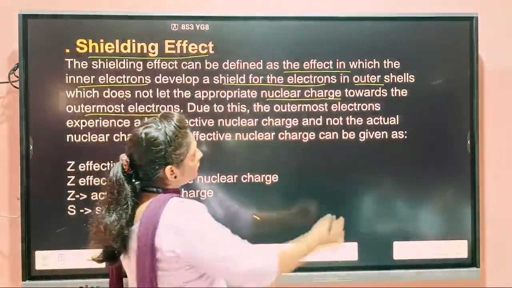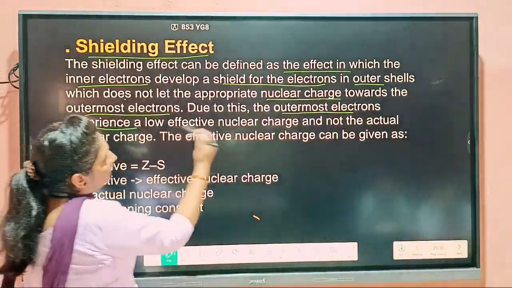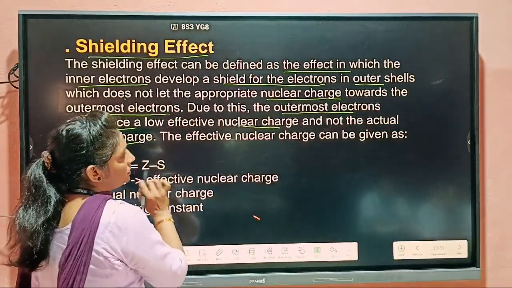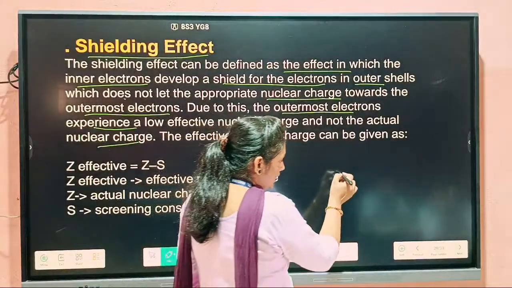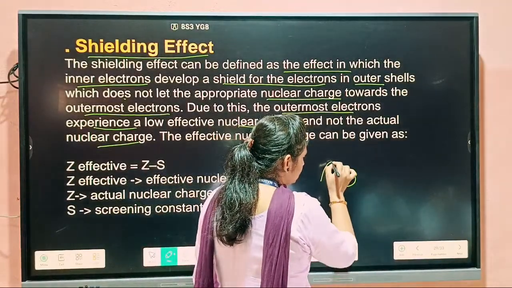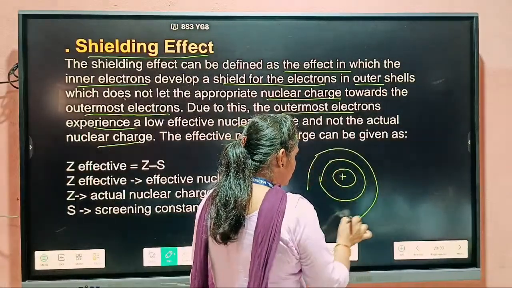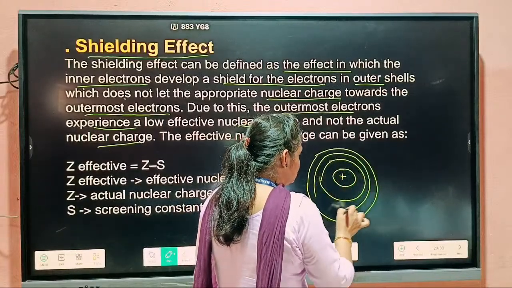Due to this, the outermost electrons experience a low effective charge and not the actual nuclear charge. What do you mean by this, students? If I talk about an element which has more number of shells.